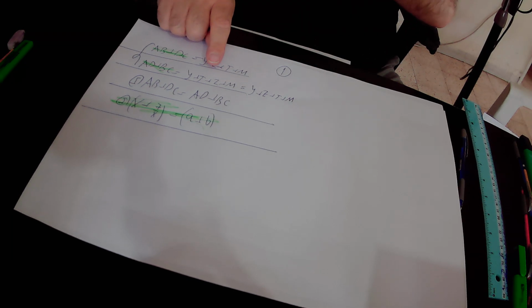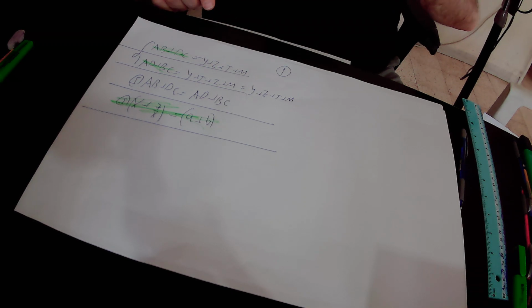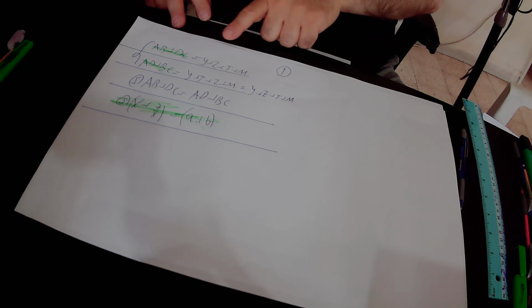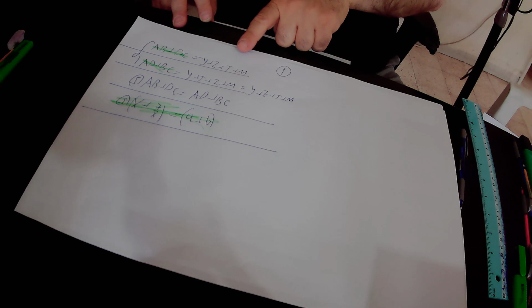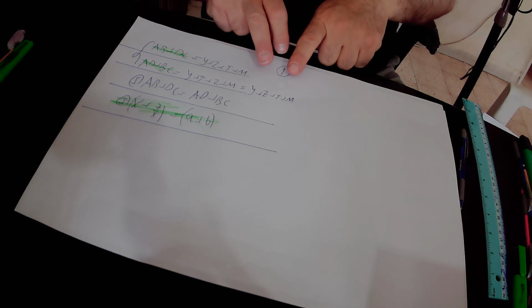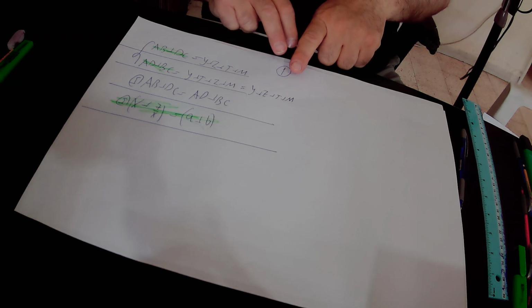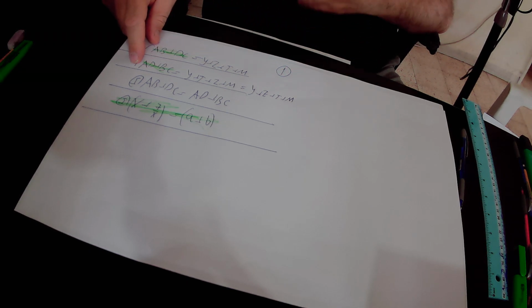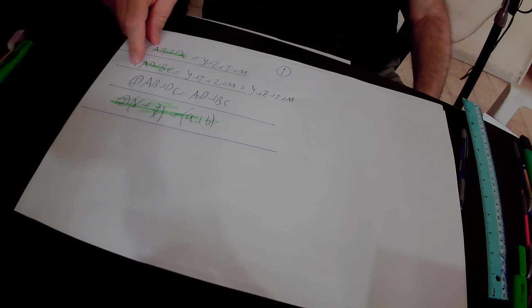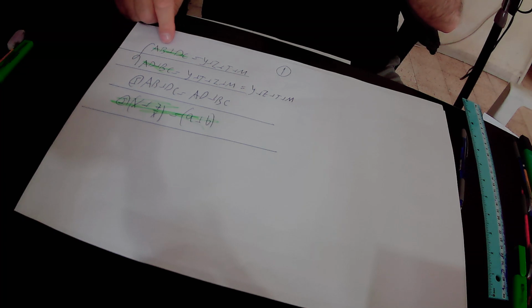We just change the order. So we found that AB plus DC equals y plus z plus t plus m, and AD plus BC also equals y plus z plus t plus m. Those two expressions are equal to the same third expression, and therefore they must be equal to each other. That is to say, AB plus DC must be equal to AD plus BC.